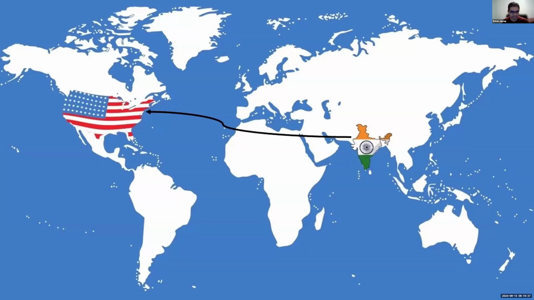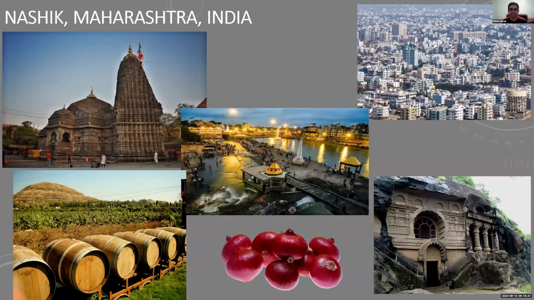In January 2015, I moved from India to the United States after completing my dental school. I just wanted to do something exciting, so I thought this would be a good route. This is the place I belong to in India, Nasik. It is a city well known for temples, onions, lots of caves, and also wine now. You can see the big population over there, maybe 15 million people in one city.